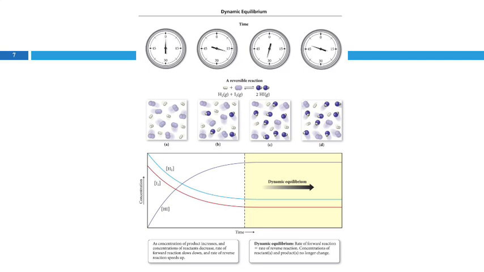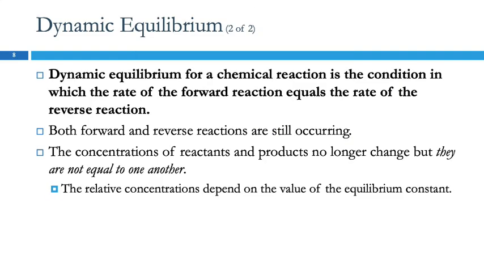So what's equal is the rate. The rate of the forward reaction, how fast it's going, is equal to the rate of the reverse reaction. So, dynamic equilibrium, the condition in which the rate of the forward reaction equals the rate of the reverse reaction.